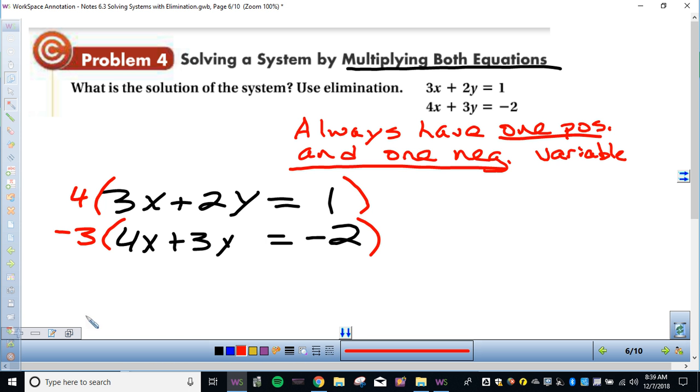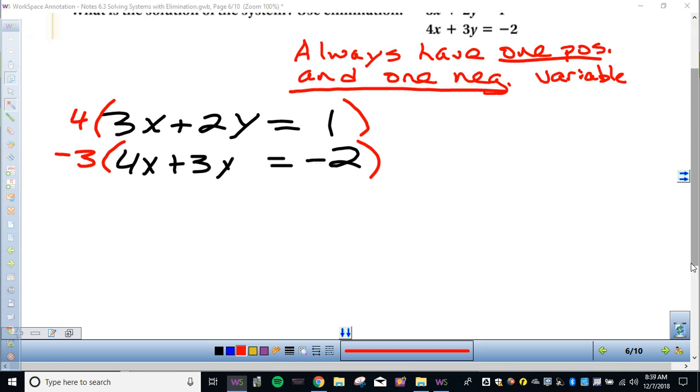You could do it for the y's as well. Yeah, I could choose to multiply the top by 3 and the bottom equation by -2. Totally fine. So I'm going to rewrite these equations now, multiplying. Blaze, what do I get for the top one? 4 times 3, 12x plus 8y equals 4.